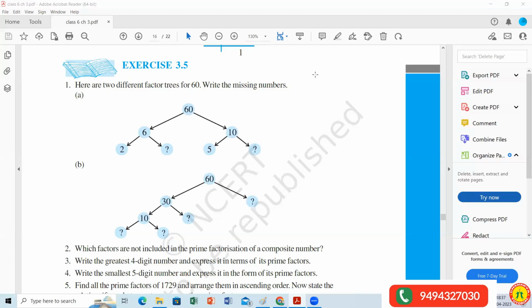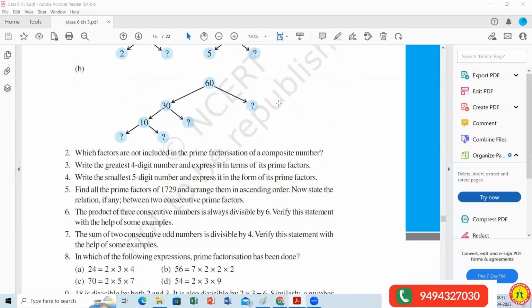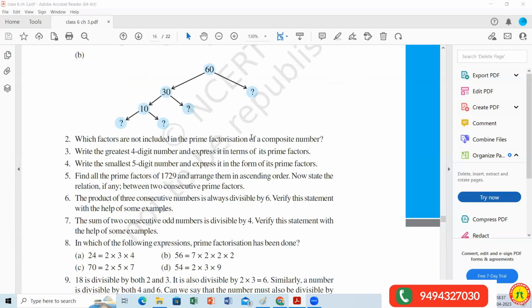Very good. Even Adrit also gave the right answer. Good. Right, Ashwath, you are correct. Yes, Sritej, correct. Very good.